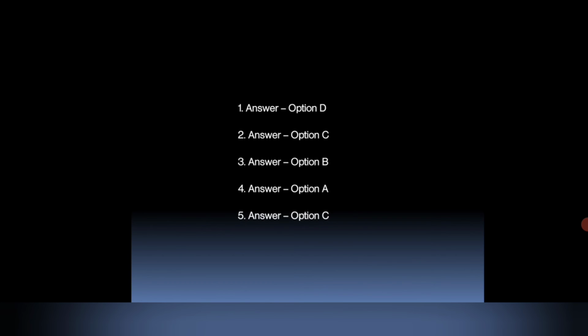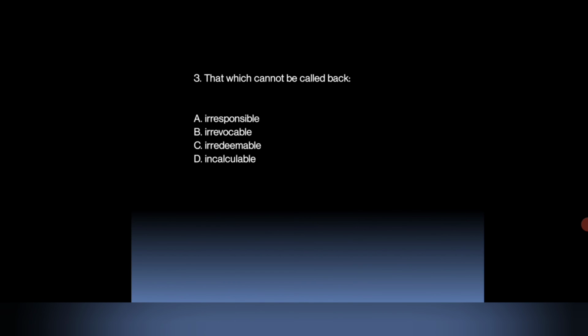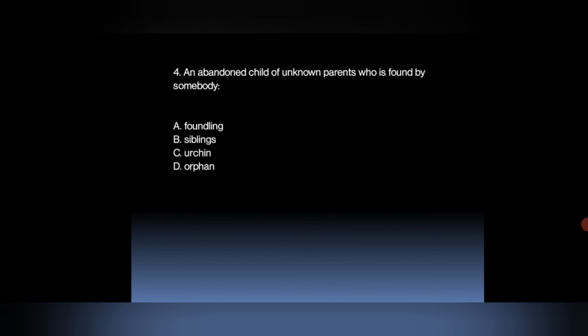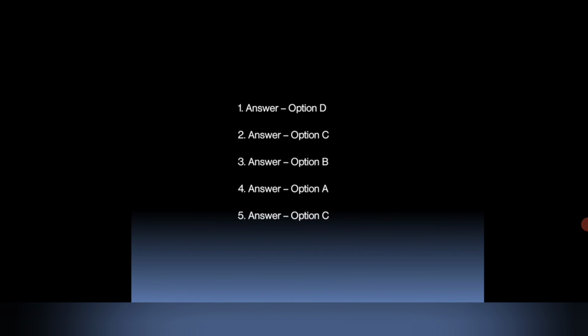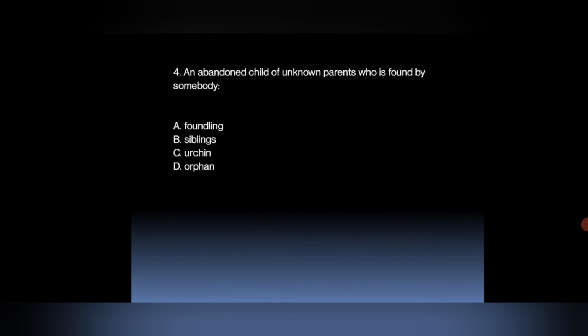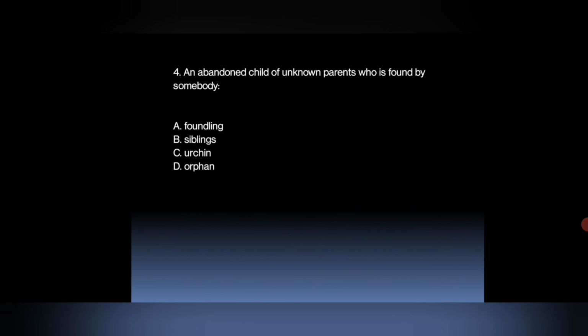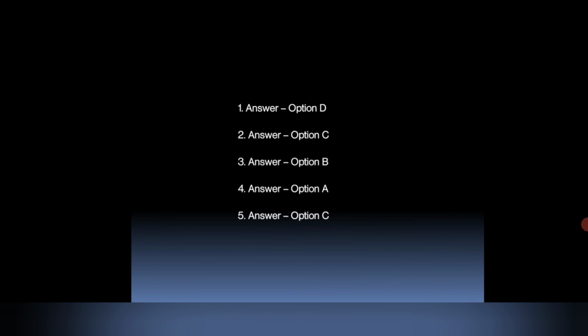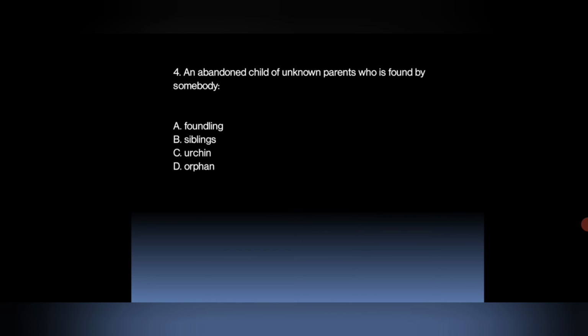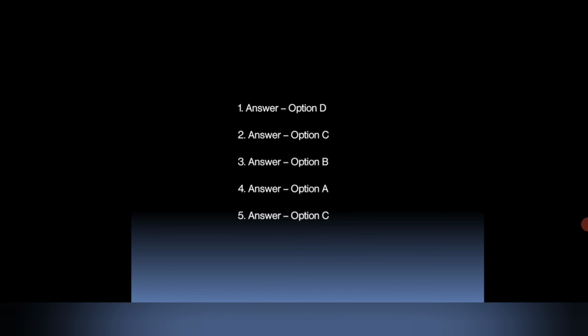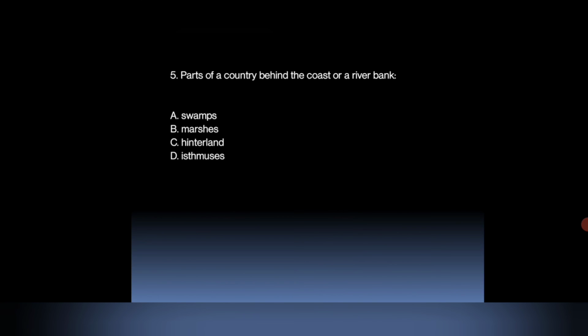For the third one, B is the right answer. Sorry, for the third one, option B, irrevocable. And for the fourth one, option A, foundling. And the last option, hinterland. This is the right answer to the question asked.